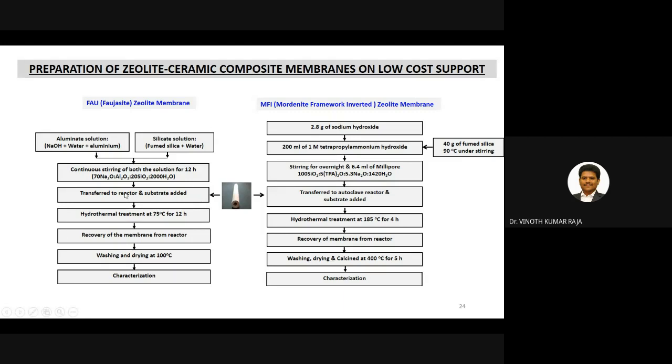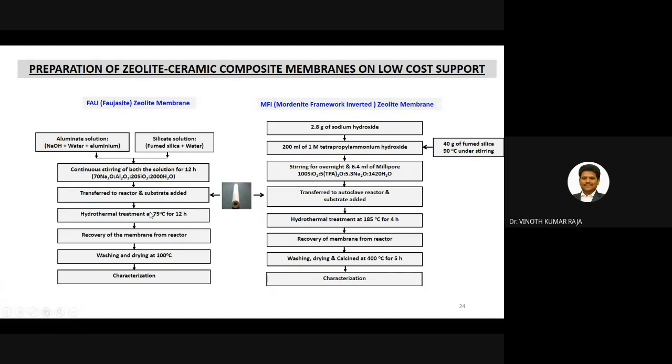Then the reactor was tightly closed and the hydrothermal treatment was conducted at 75 degrees Celsius for 12 hours. After that treatment, the membrane was recovered from the reactor, washed, and dried at 100 degrees Celsius for further characterization and applications for chromium removal.